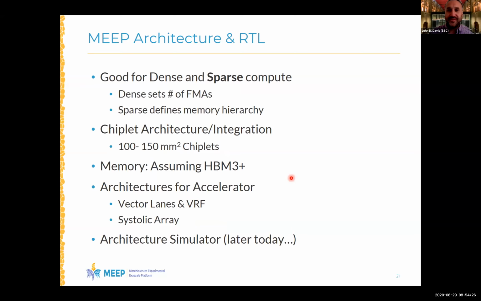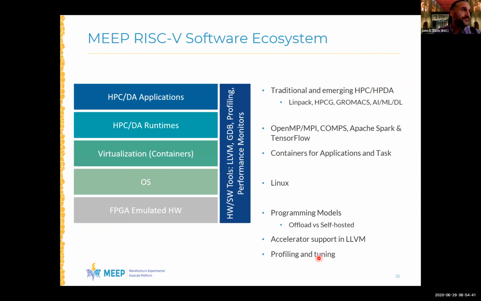We're at a high performance computing center, so looking at things like vector lanes, systolic arrays, those types of things. And there'll be a talk later on architectural simulation models that we're building to enable these larger scale simulation components. So look forward to hearing about that.